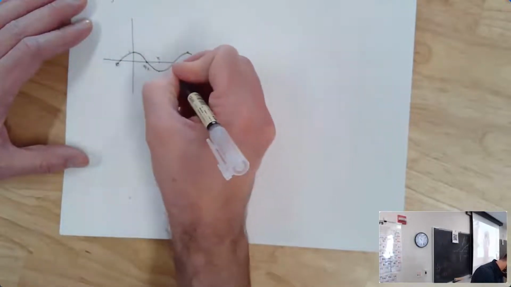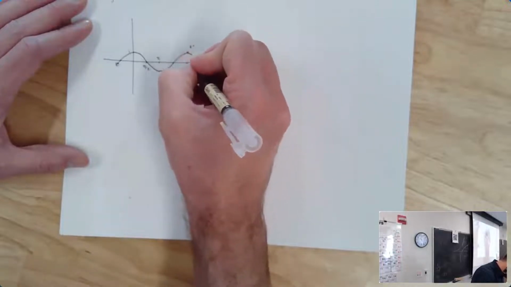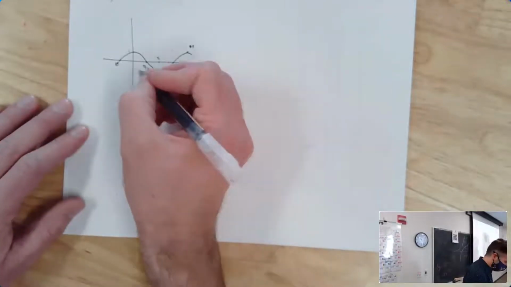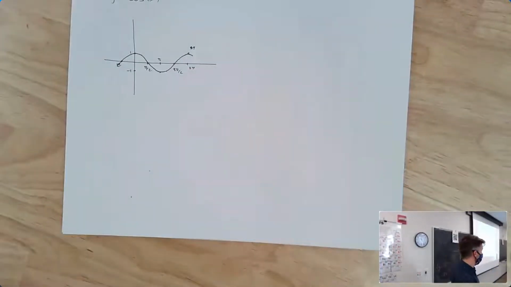So there's what cosine looks like. And just like the other function, it doesn't get to be invertible without making a restriction.